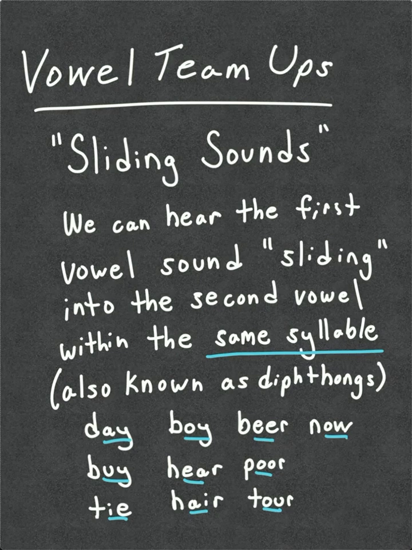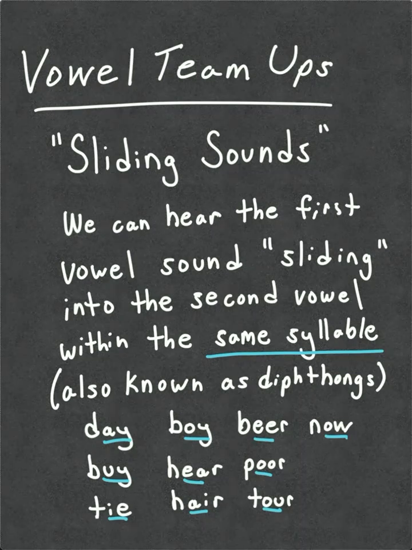The two vowels form a syllable, yet you can hear both vowels teaming up in the single sound. Check this out. Day, buy, tie, boy, here, hair, beer, pour, tour, now.